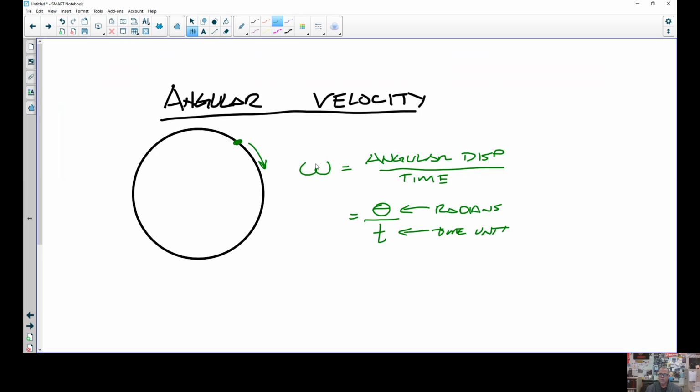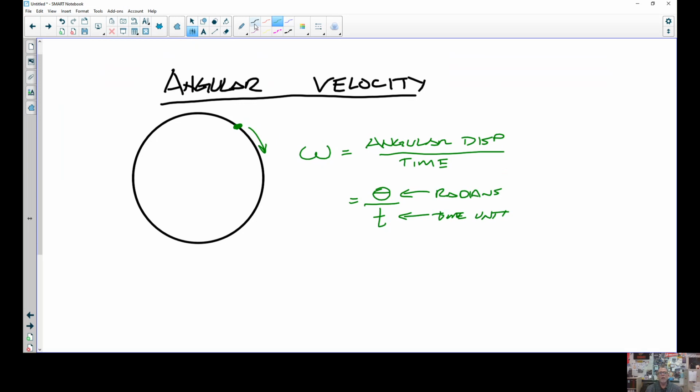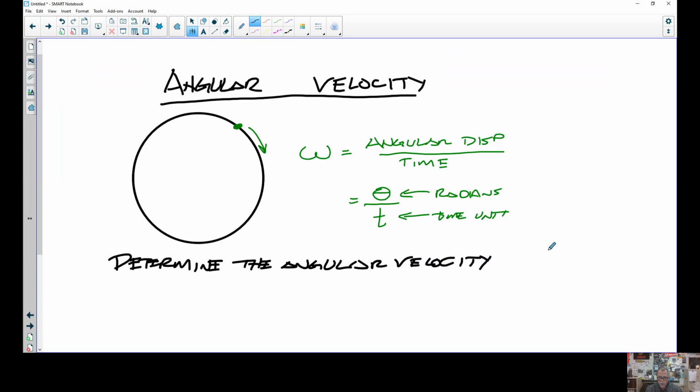So what would a problem look like for this? Well, a problem would be something like this: determine the angular velocity if 8.2 revolutions are completed in 3 seconds.